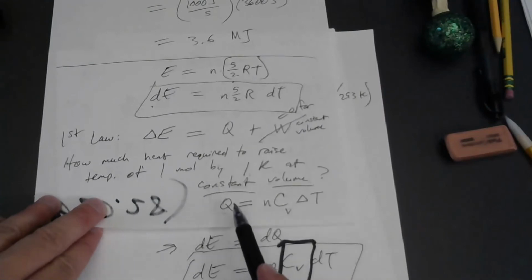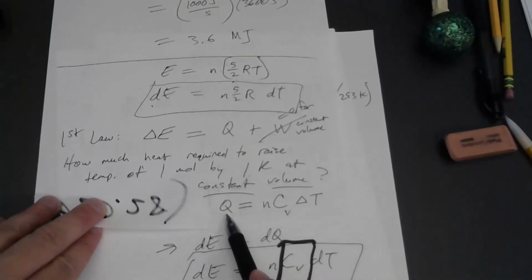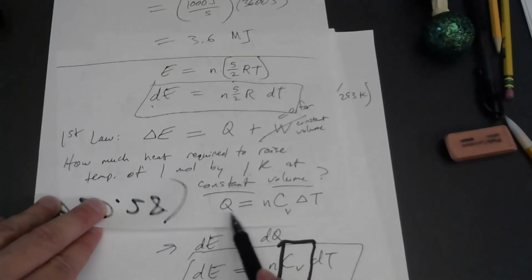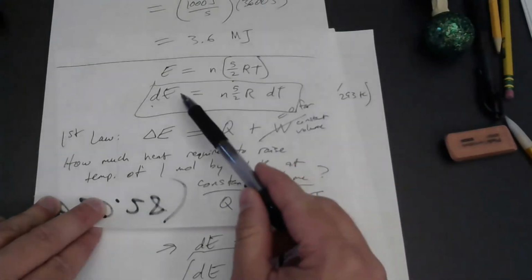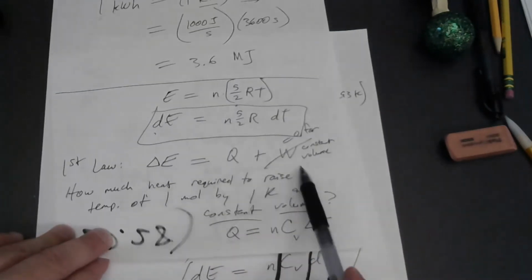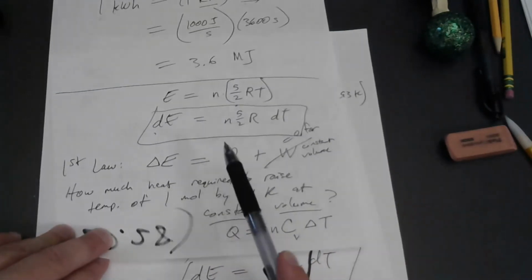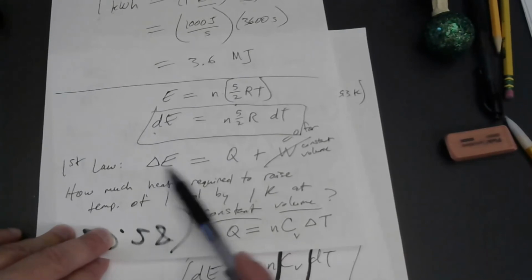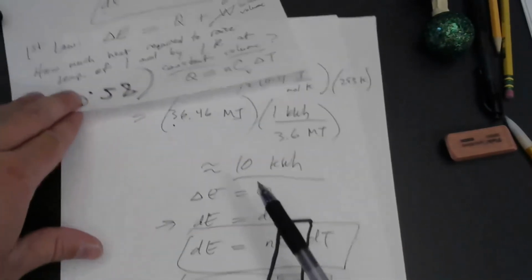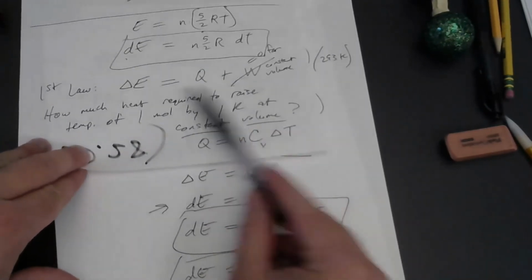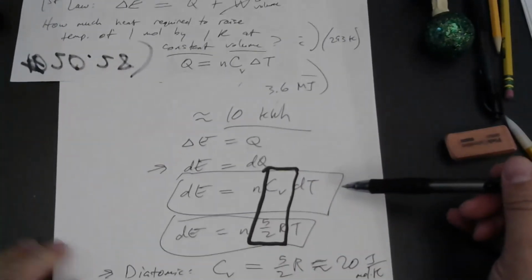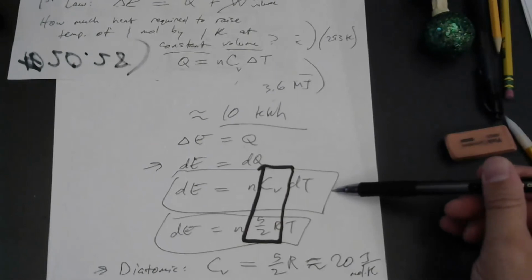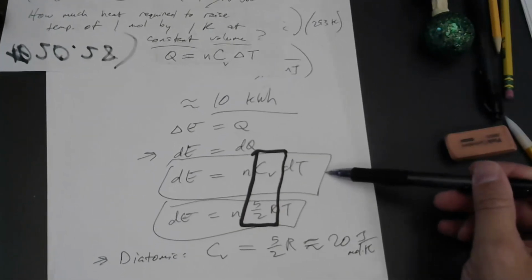It's the amount of heat required to raise a quantity of gas by a given temperature at constant volume. But then I use the first law of thermodynamics to recognize that since there's no work being done, that quantity of heat is the same as the change in the energy. And then I just use the differential form of that equation to wind up here. So this comes from the first law of thermodynamics and the definition of molar heat capacity.